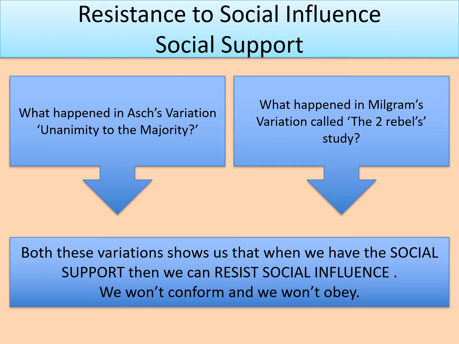So when you've got somebody on your side, you're less likely to conform and less likely to obey. Both these variations show us that when we have social support, we can resist social influence. We won't conform and we won't obey.